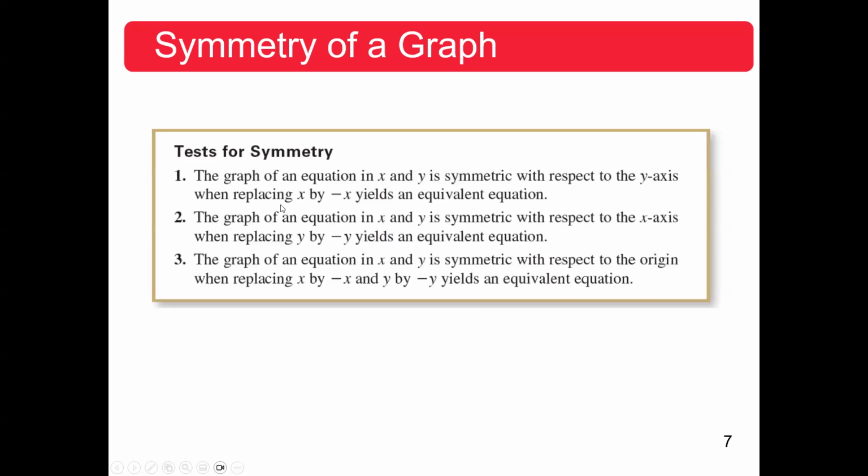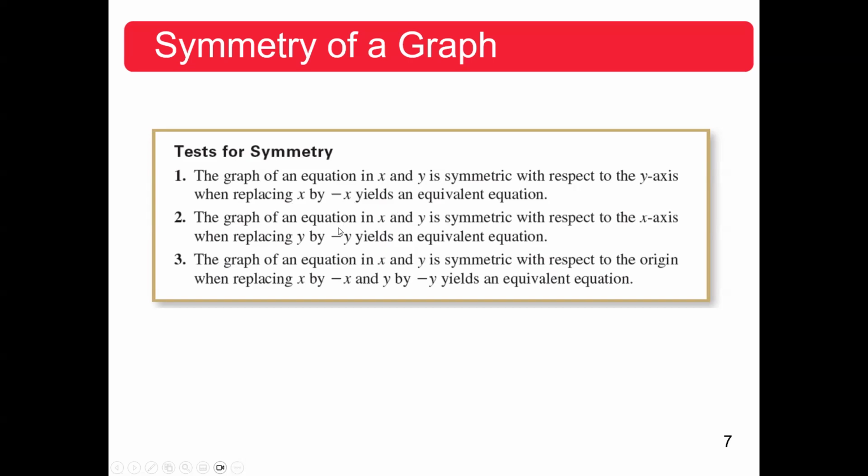So how do we test for symmetry? First, the graph of an equation in x and y is symmetric with respect to the y-axis when replacing x by -x yields an equivalent equation.